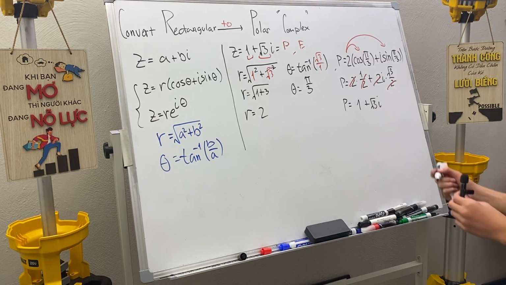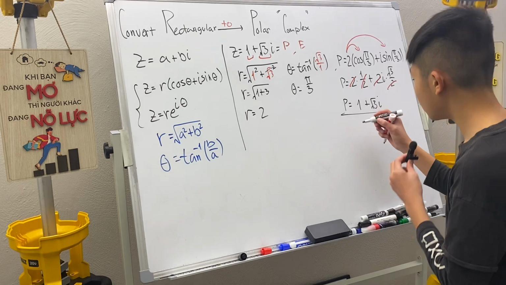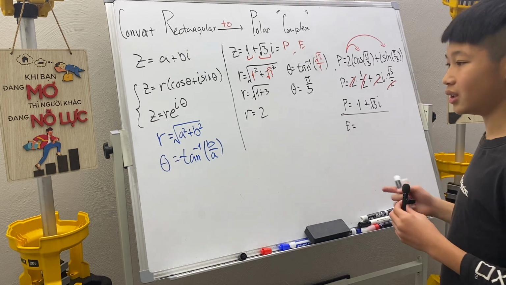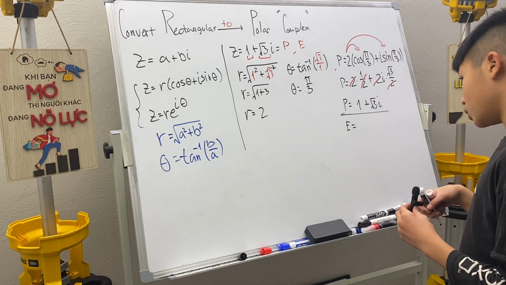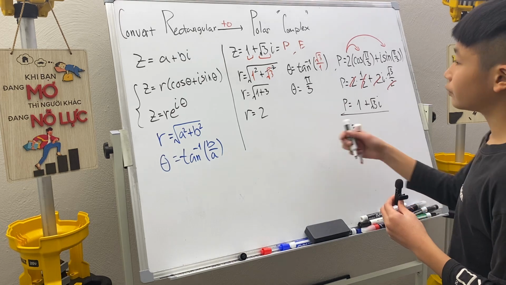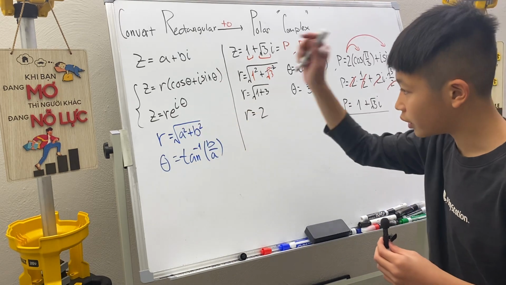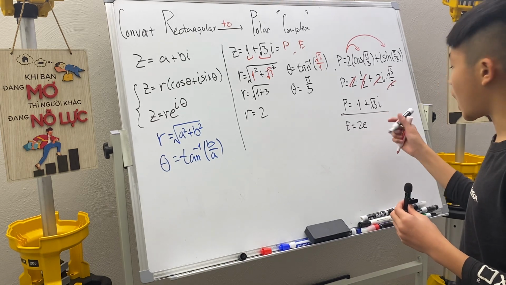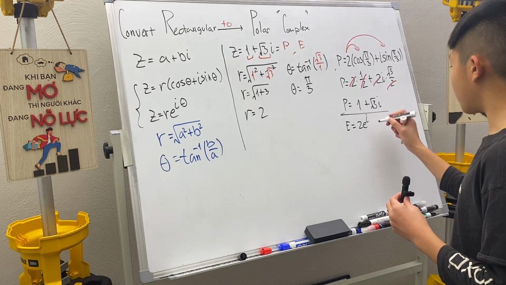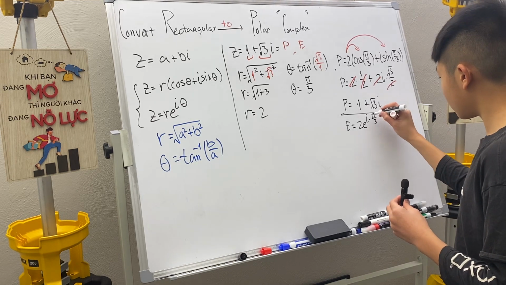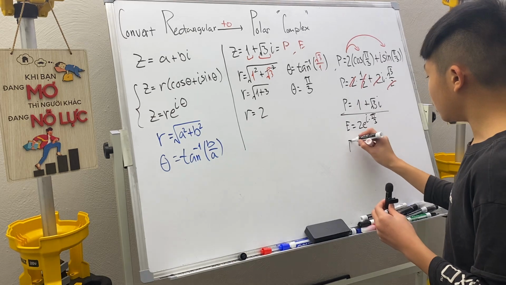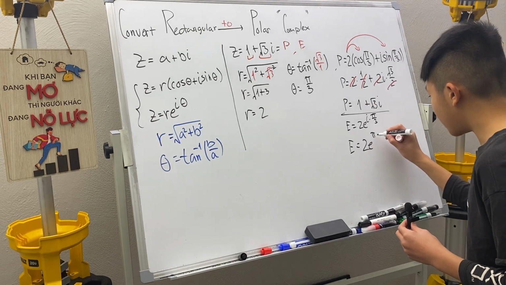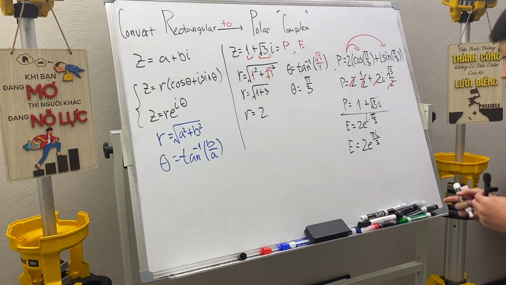Now the Euler form. It's r e to the i theta. r is 2 and the angle is pi over 3, so z equals 2 e to the pi i over 3.